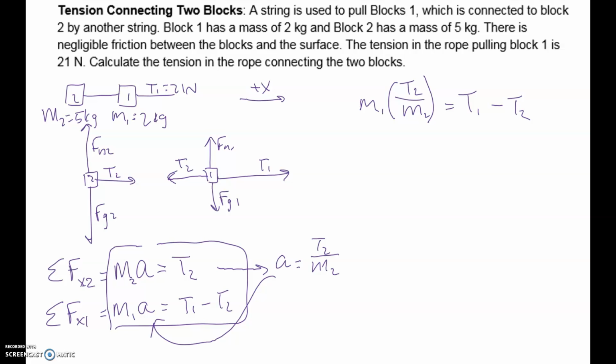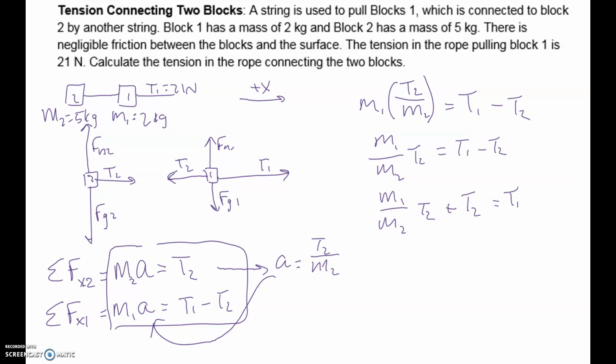First thing I'm going to do is make my left-hand side look a little prettier by factoring out m2. So I have m1 divided by m2 multiplied by t2 is equal to t1 minus t2. I'm going to add t2 to both sides, so at least all my t's are on the same side together. So we have m1 over m2 times t2 plus t2 is equal to t1.